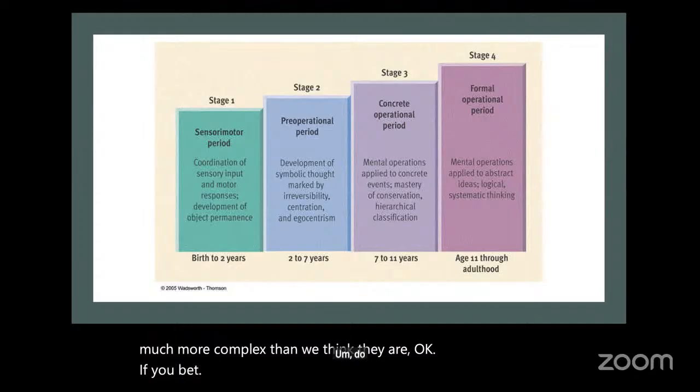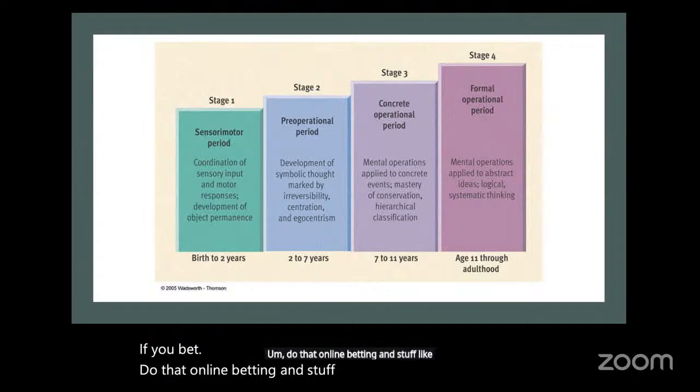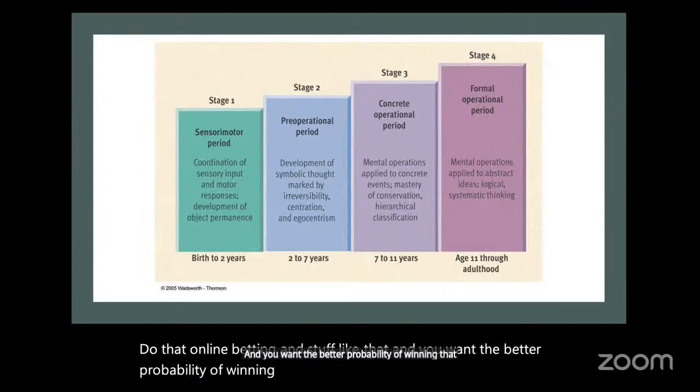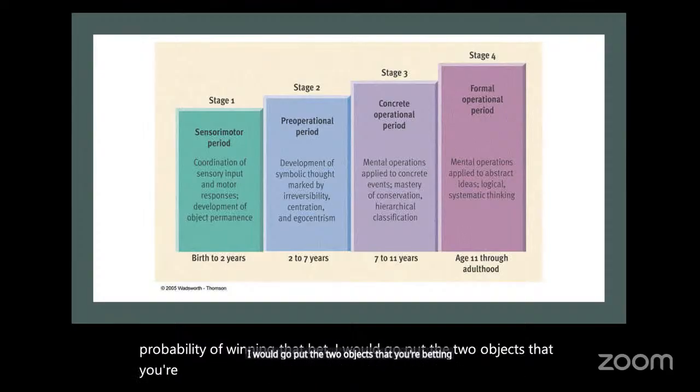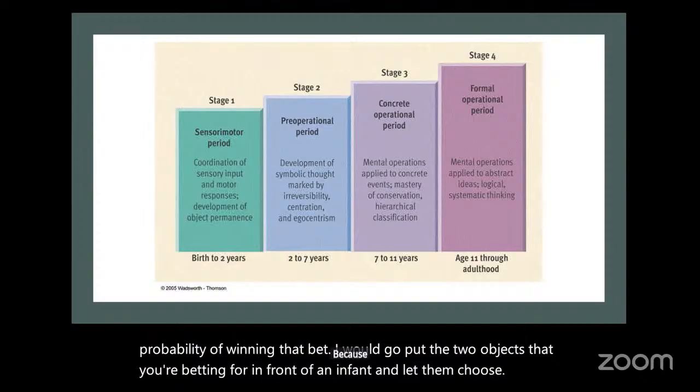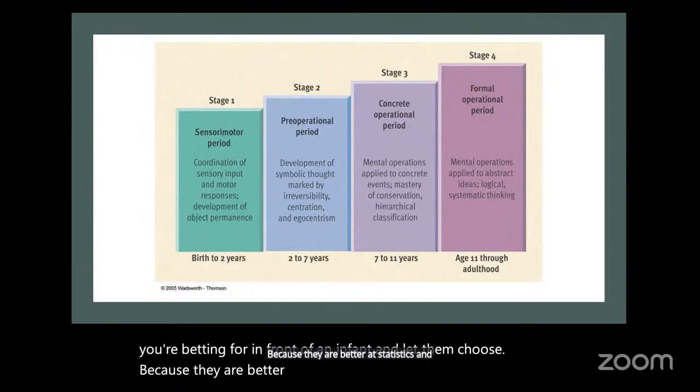If you do that online betting and stuff like that, and you want the better probability of winning that bet, I would put the two objects that you're betting for in front of an infant and let them choose because they are better at statistics and probability than most statisticians.